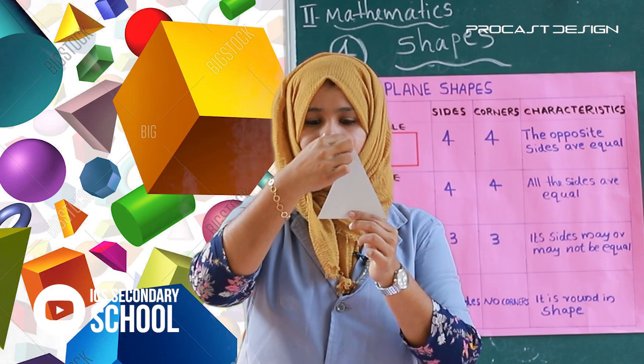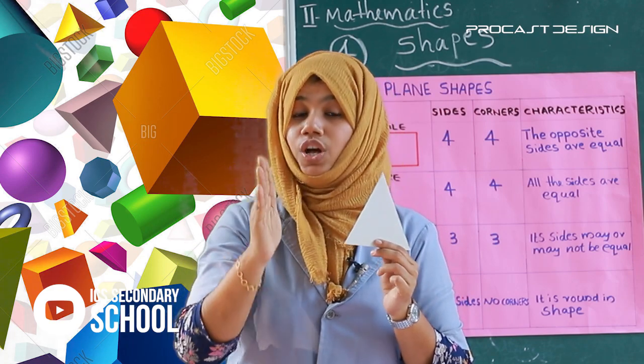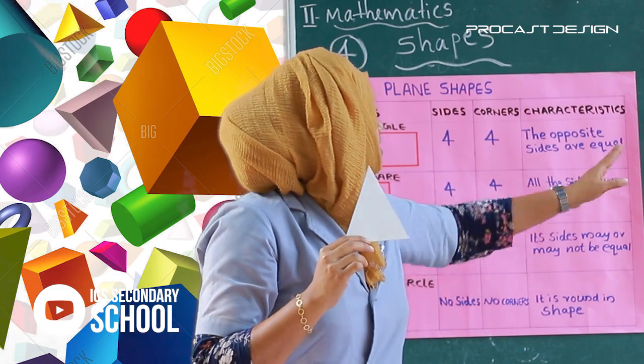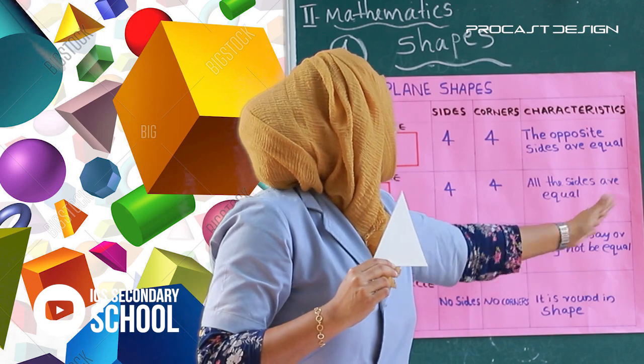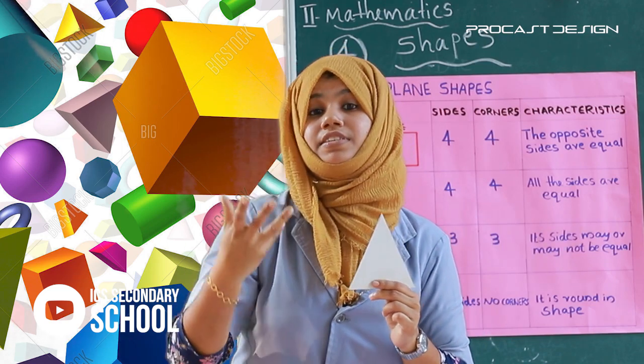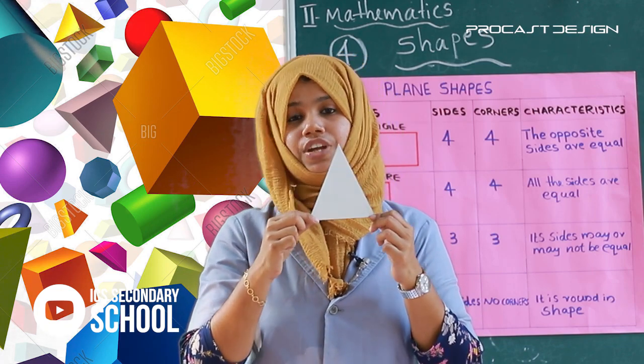This is the corner. 1, 2 and 3 corners. So 3 sides and 3 corners. Each side may or may not be equal. Sometimes the sides are equal; in some triangles, the sides are not equal.